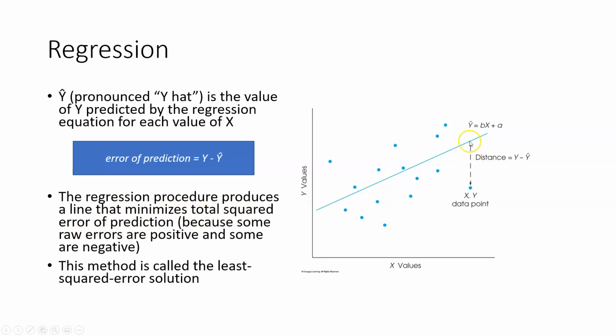We square all of these errors of prediction to see how far these dots are from the line. And then at the end, when we're finished, we shrink them back down by taking the square root of them. So this method is called the least squared error solution. It's the method that results in the least squared error between the prediction that we have and the actual data points that we have.